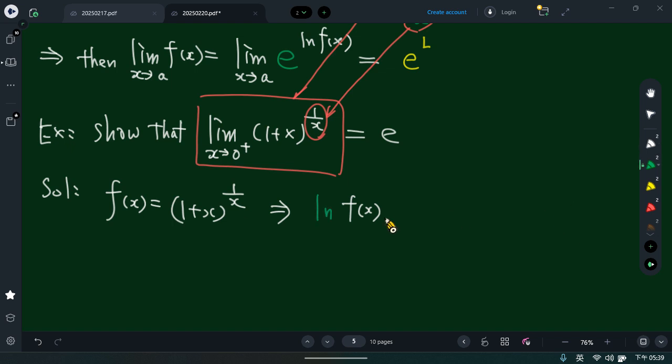Once we put ln here, we can make the power come down to the ground, so it will become 1 over x times ln of 1 plus x, right?